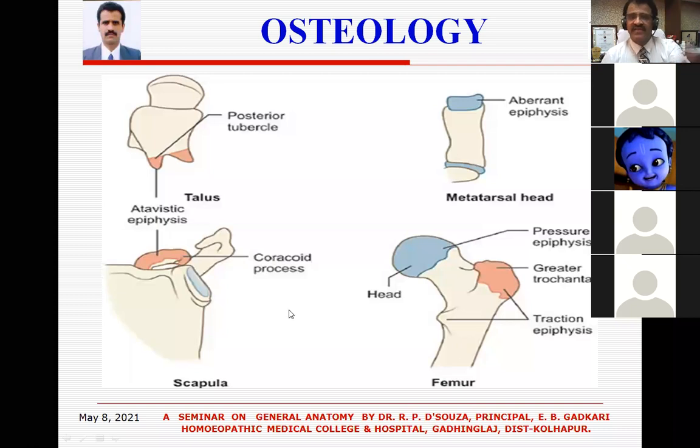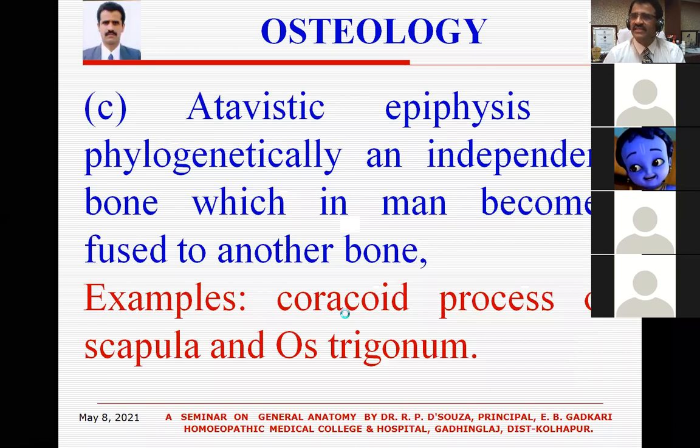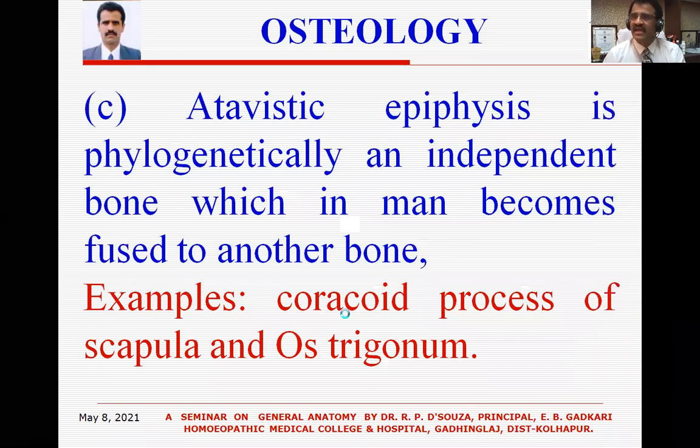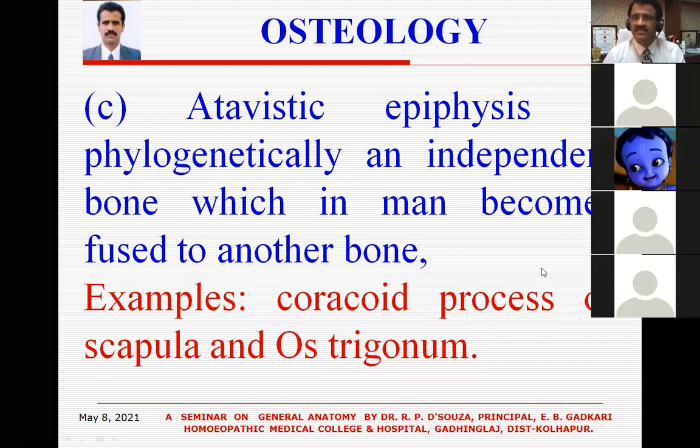On the other side, I have given other examples of epiphysis. Well, now we will see what is atavistic epiphysis. Atavistic epiphysis means phylogenetically an independent bone which in man becomes fused to another bone.